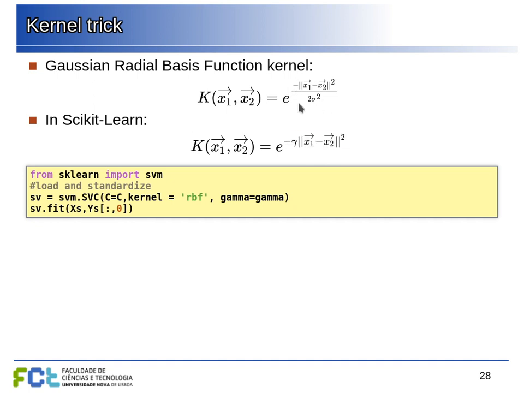So here, if you were to use the original expression for the Gaussian radial basis function, you would have a sigma value, which is the standard deviation. So sigma squared is the variance, and you would divide by that value before raising e to that number. In scikit-learn, this is replaced by this gamma parameter. So gamma is 1 over twice the variance of the Gaussian curve that we are considering here.